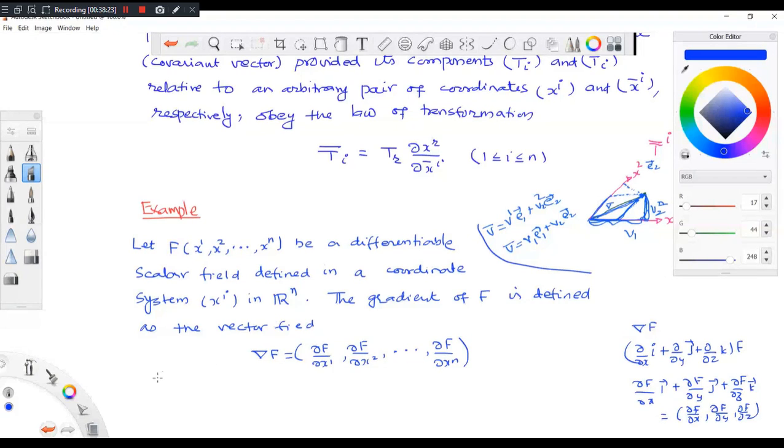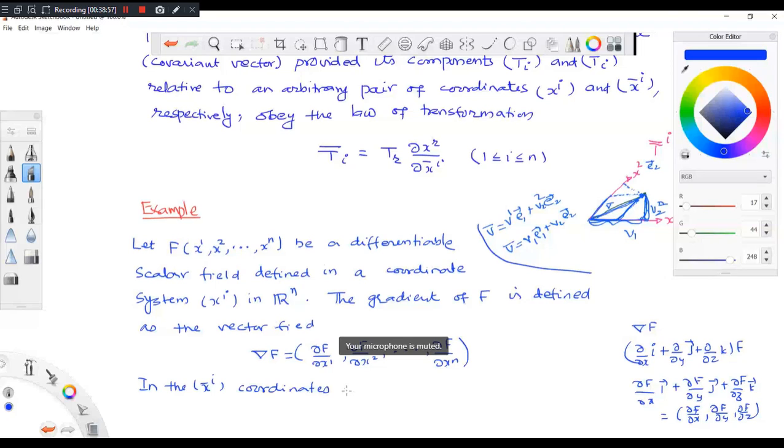Now the coordinates of this gradient vector in some other coordinate system. Okay, this is the xi coordinate system. So I'm writing in the x bar i coordinate system. In the x bar i coordinate system, the gradient is given by, okay, all these things will have that bar.